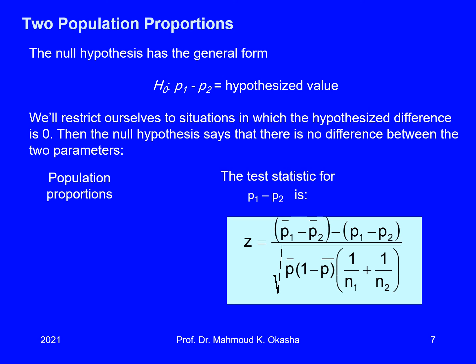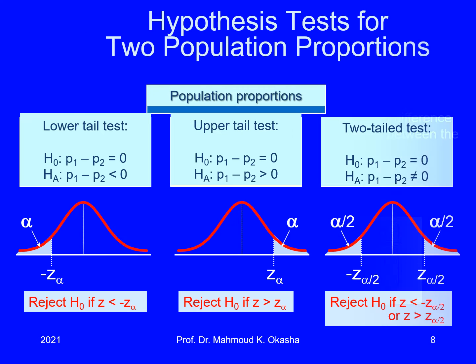In this case we have, as usual, a two-sided test using the Z statistic, and here a one sample right hand tail, and here a left hand tail.